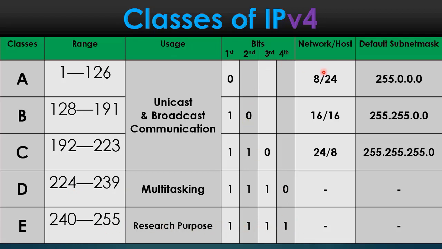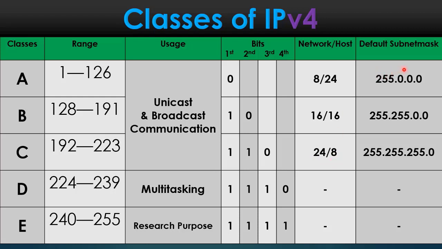Class A uses 8 bits as network and 24 bits as host portion. Class B contains 16 bits as network portion and 16 bits as host portion. Class C contains 24 bits as network portion and 8 bits as host portion.